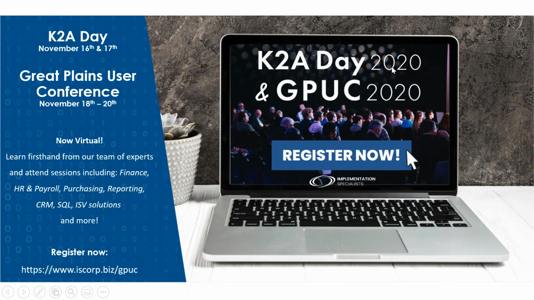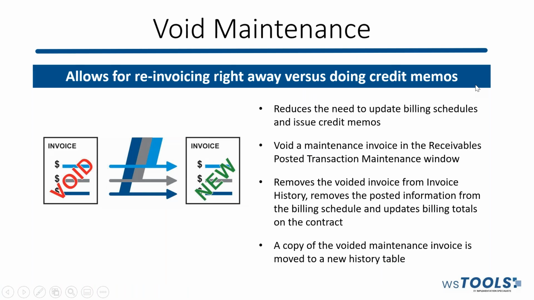All right, let's get back into our void maintenance tool. As I mentioned earlier, this is really meant to speed up the process where you've done a maintenance invoice, posted it all the way through accounts receivable, and found out it was the wrong dollar amount, or you need to give somebody a credit.